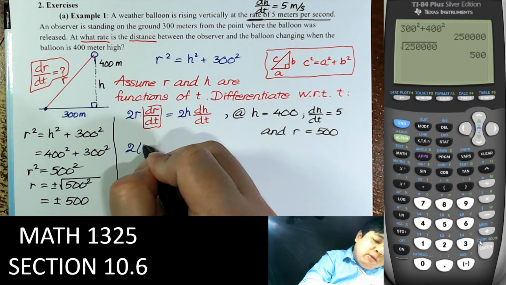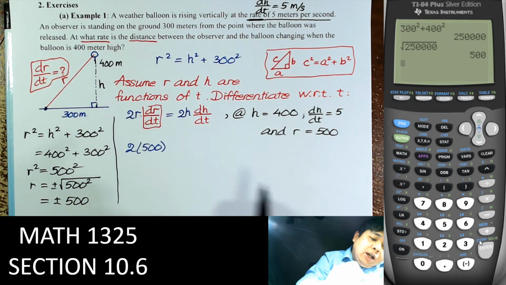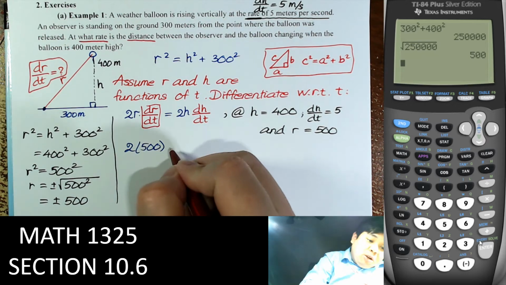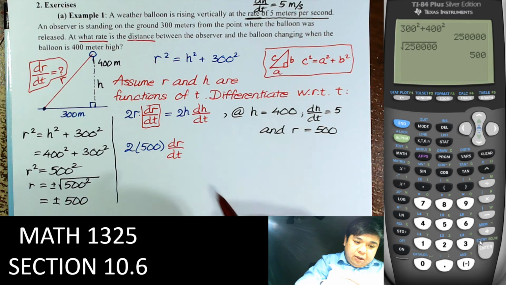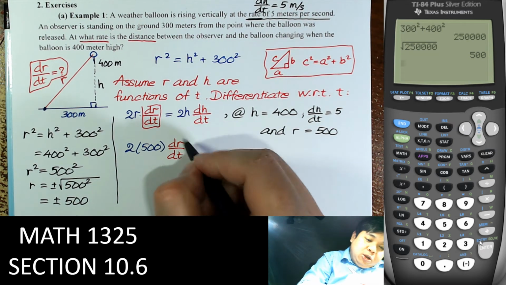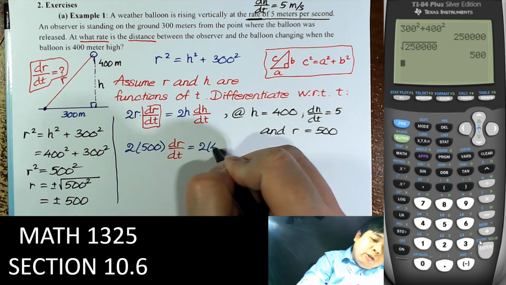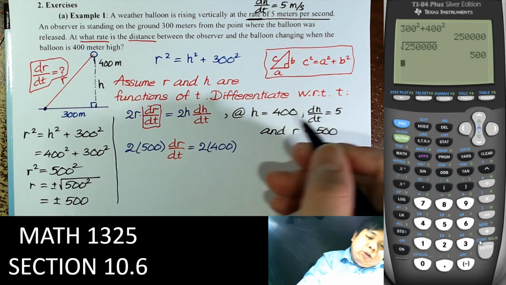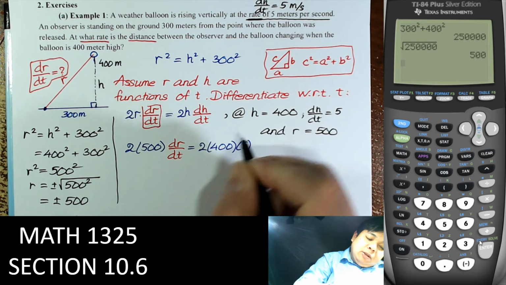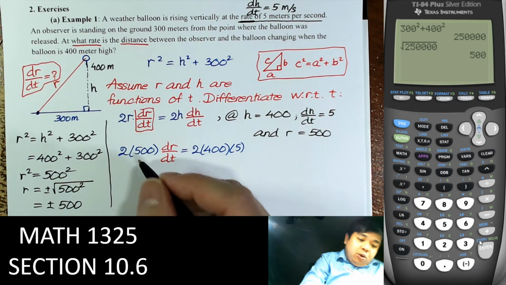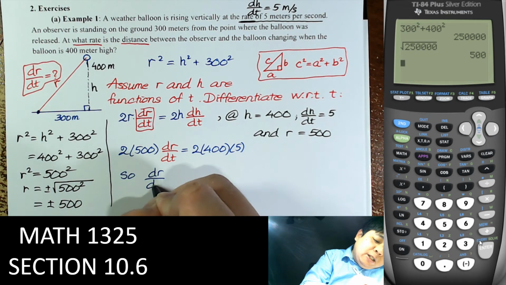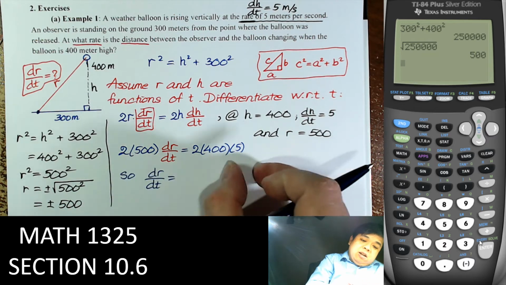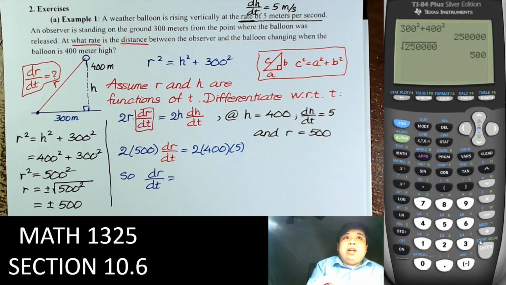2r, 500. dr over dt, we don't know that, but we solve for it. And 2h, 400. dh over dt is 5. So dr over dt, just divide by 2 times 500 is 1,000.